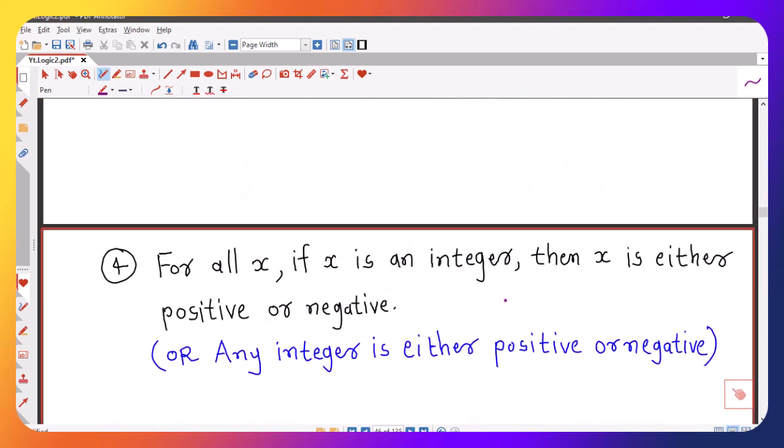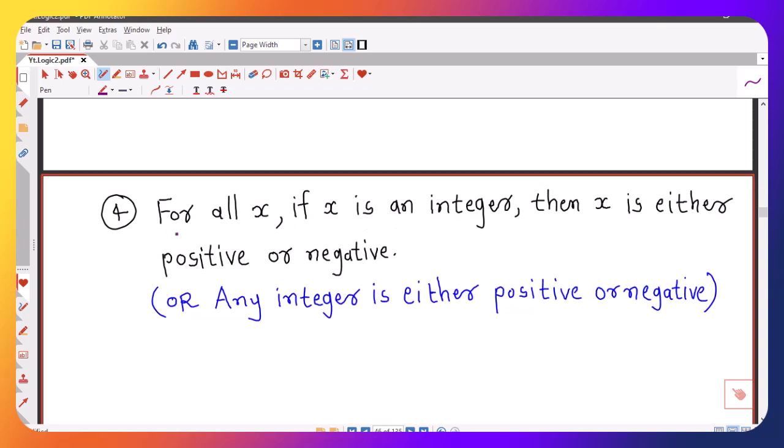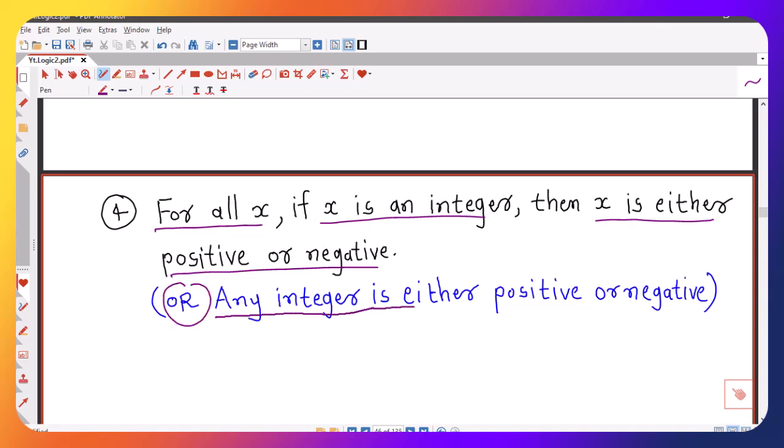We have taken this statement also: for all x, if x is an integer, then x is either positive or negative, which we can write equivalently as: any integer is either positive or negative. These two are equivalent statements. So if they ask you to write this or this in symbolic form, we will have the same expression.